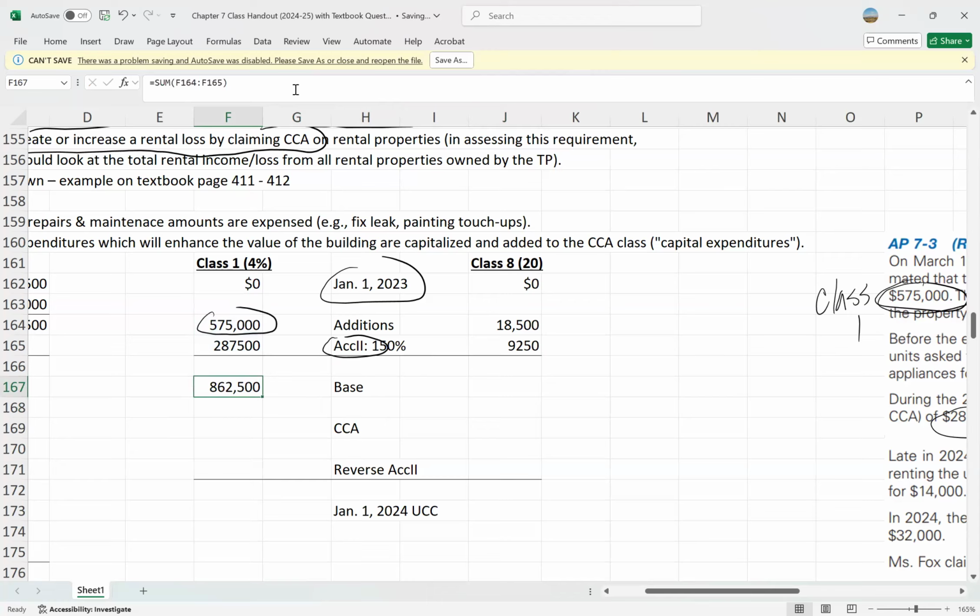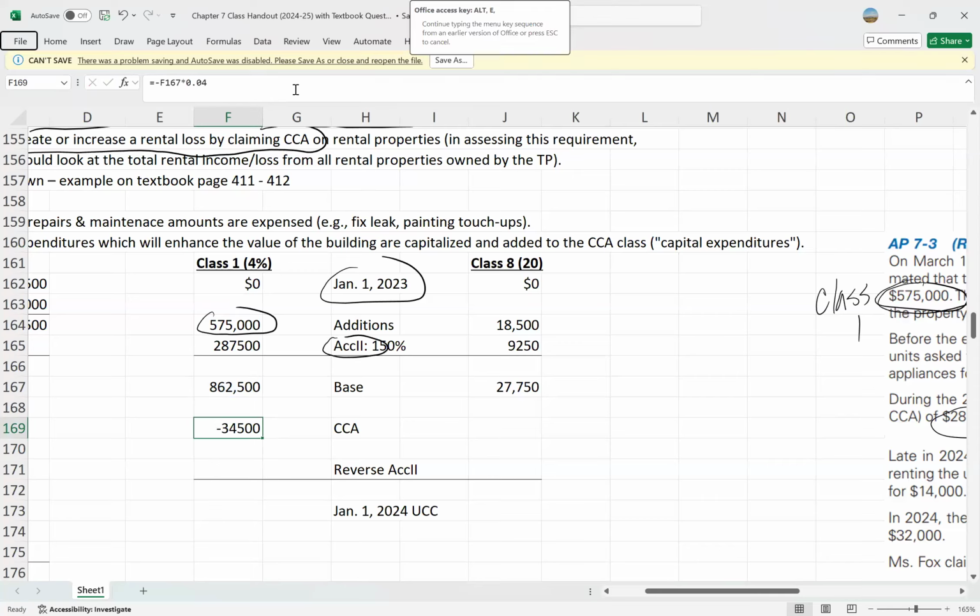And then for the furniture, 27,750. The CCA we can take then is going to be the 862,500 times 4% for the building, 34,500.